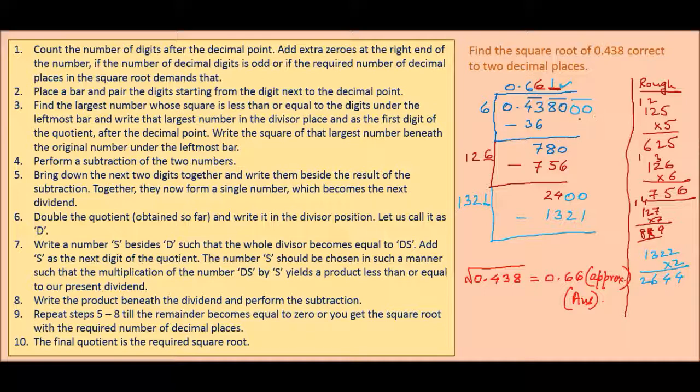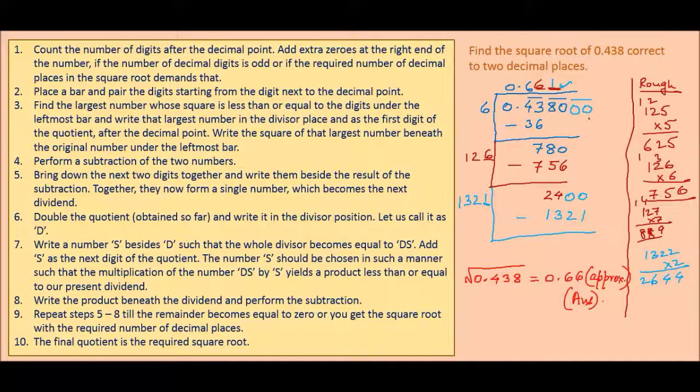We have added extra zeros because the question demands that. We have to find the answer correct to 2 decimal places. Therefore, we had to compute this third place as well, and in order to get the value of this third place, we had to insert 2 more zeros.